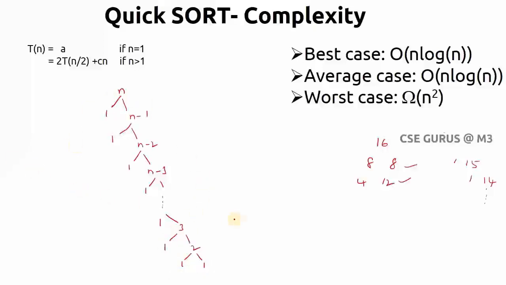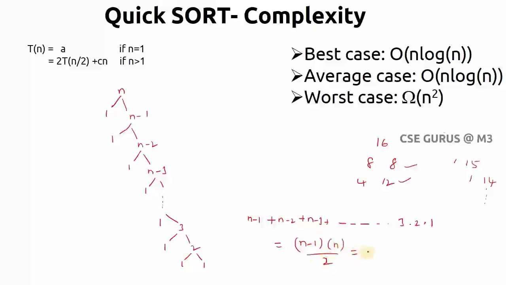If you take the complexity, I will add all the complexities: n minus 1 plus n minus 2 plus n minus 3, up to n minus 4, n minus 5, like this until it comes to 3, 2, 1. What is this total? Can I say it is a sum of n minus 1 numbers? What is the sum of n minus 1 numbers? n minus 1 into n by 2.